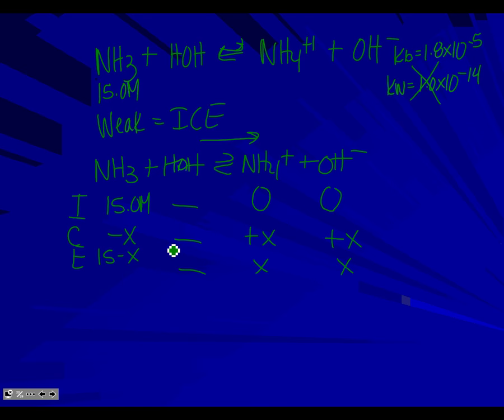Just like before, this is another small k problem. So we can cross that out. Say small k equals ignore the change in the reactant. Can ignore that. And so then this is pretty much exactly what we've done before.